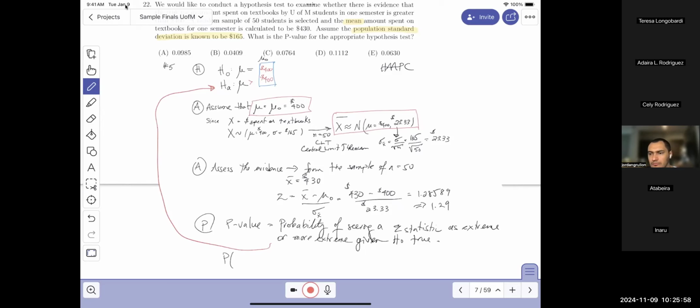I'm going to check what's the probability that Z is greater than 1.29, because I've standardized everything. So what's the chance of seeing a value of Z greater than 1.29?